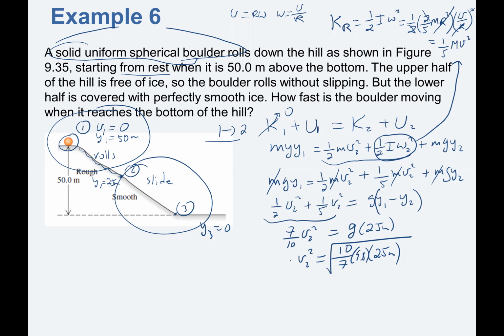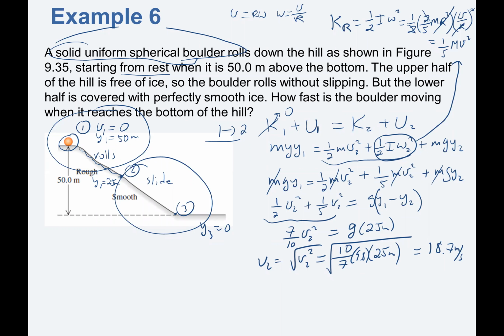And then I take the square root of both sides. So this is v2. I'm going to get 10/7 times 9.8 times 25, then square root of that. So I get 18.7 meters per second.